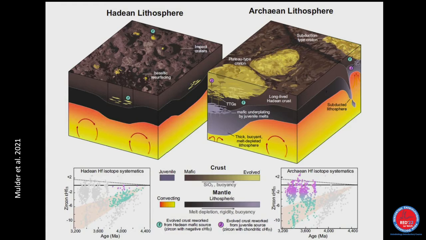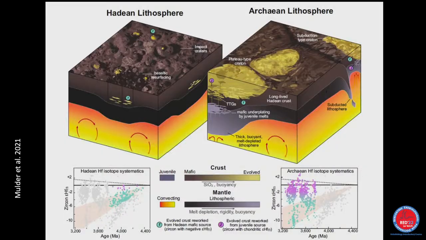If you look at the first block diagram, we have convecting mantle, and we have a stratified lithosphere with ultramafic crust here. Due to impacts or small intracrustal differentiation, we may have small pockets of felsic material. If we have zircons from these small pockets, the zircon epsilon hafnium will keep the value within this area.